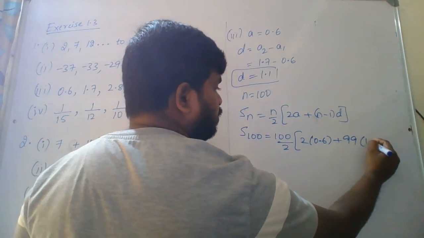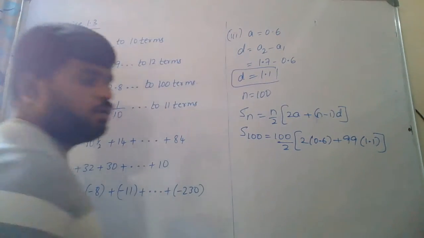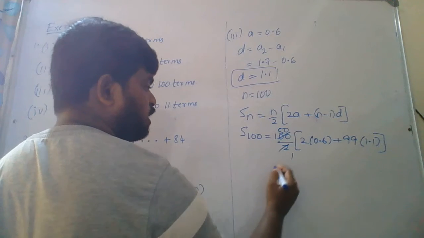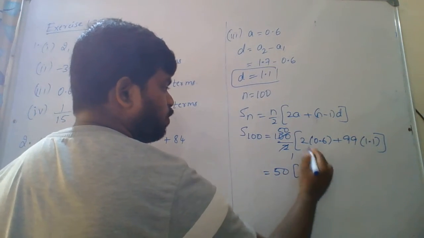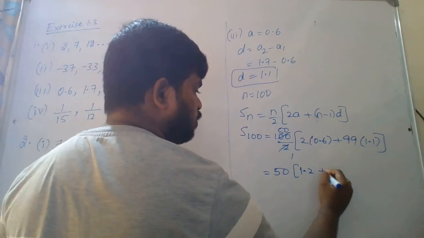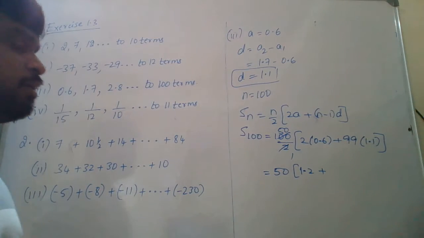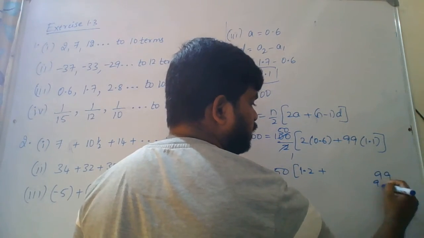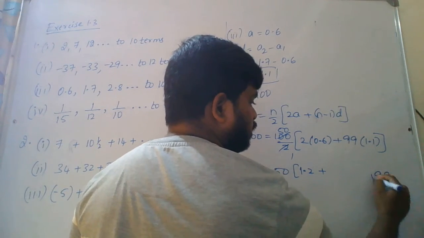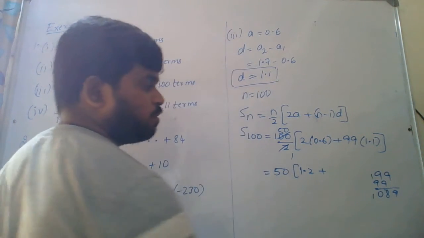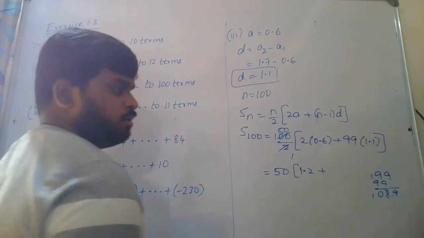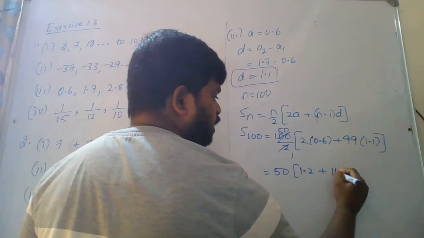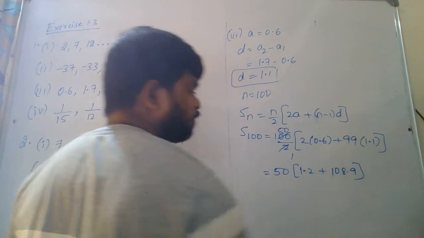D is 1.1. Okay. So 50 into 2 times 0.6 is 1.2 plus 99 into 1.1. So if you do it, you get 108.9.